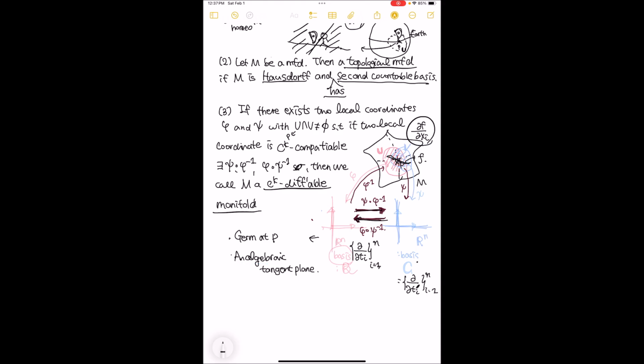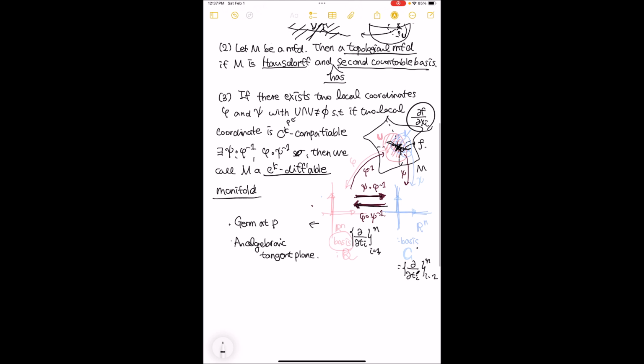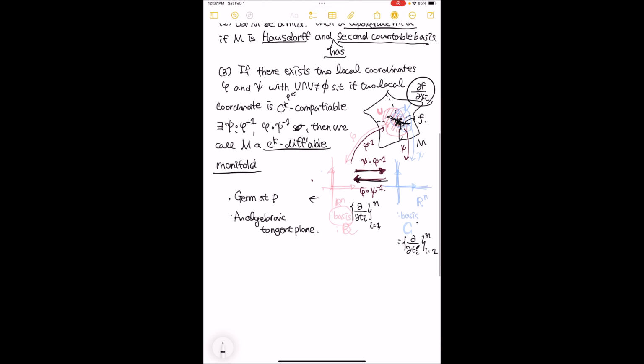Some mathematicians think that this definition is not perfect, as I said, because whenever we choose P, the basis is not unique.